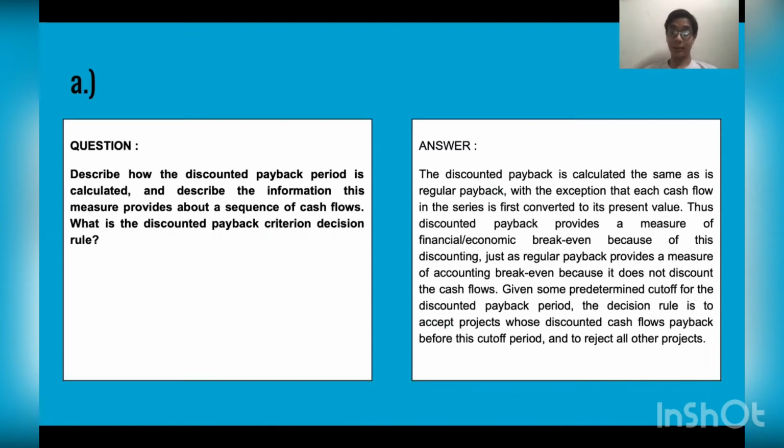Given some predetermined cutoff for the discounted payback period, the decision rule is to accept projects whose discounted cash flows pay back before this cutoff period, and to reject all other projects. Okay, so that is the answer for number 1.